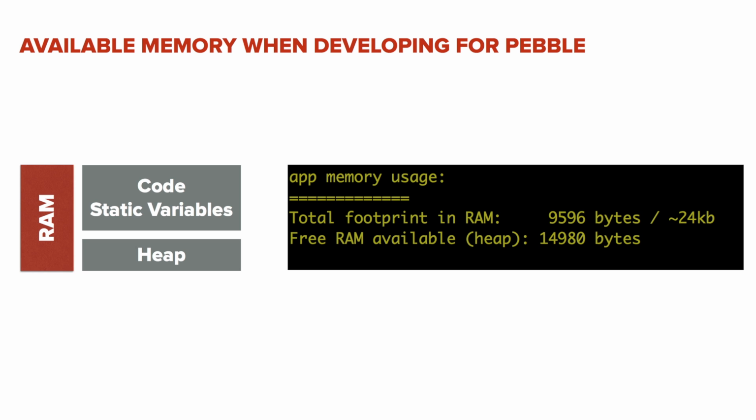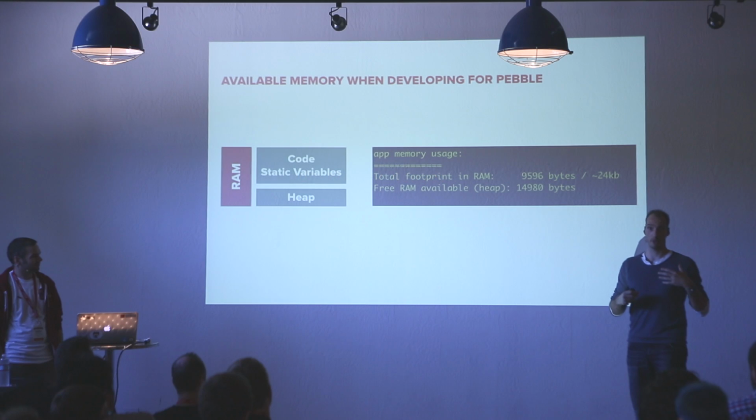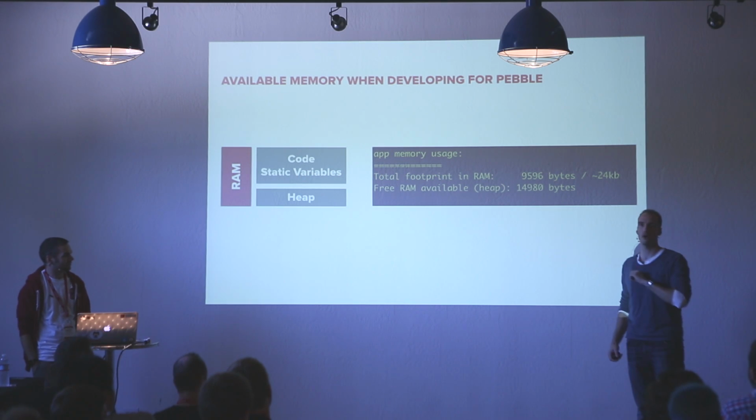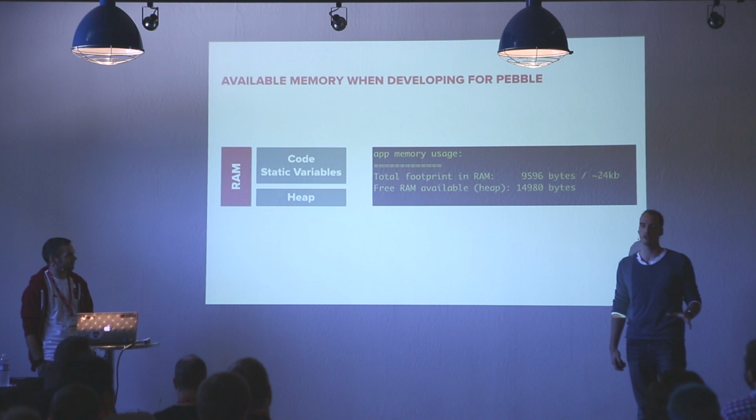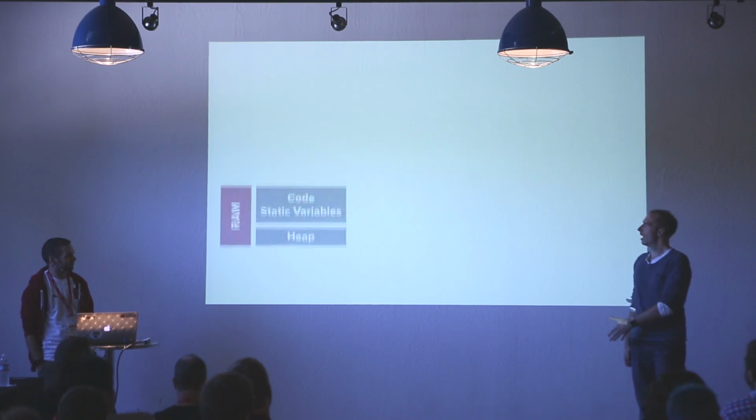The reason is those two fight with each other. When your code size increases, your available heap will go down. And this is since you only have a limited amount of RAM, and we want to give you the most out of it. So we give you all the available RAM that is there after we loaded your binary. Whenever you increase your code size, you will have less heap.